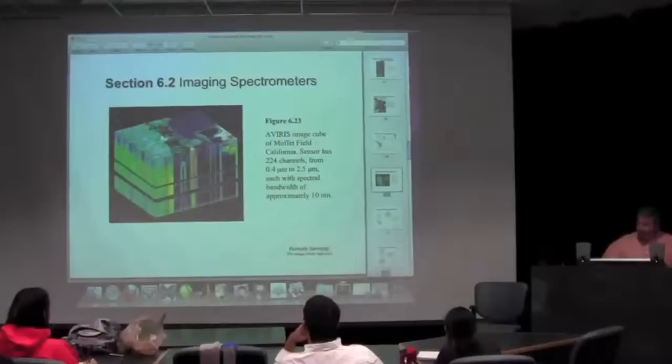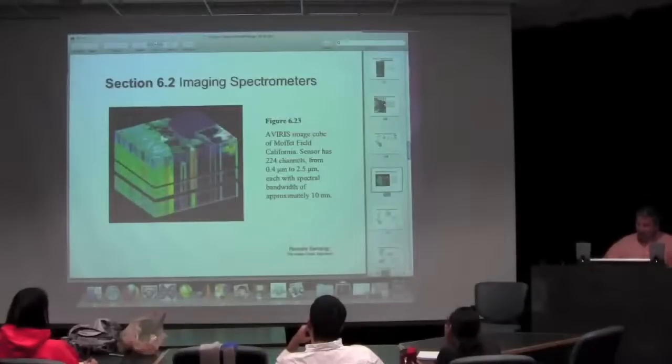But just for now, what you see down the sides of these cubes is, if you took a single pixel on the edge of this cube, and you looked at that single pixel spectrally, going from the shortest wavelength to the longest wavelength, you would have a spectral signature. It looks like what you would get if you plotted the magnitude of any one of these columns going down the side of the cube. So here it's color-coded.